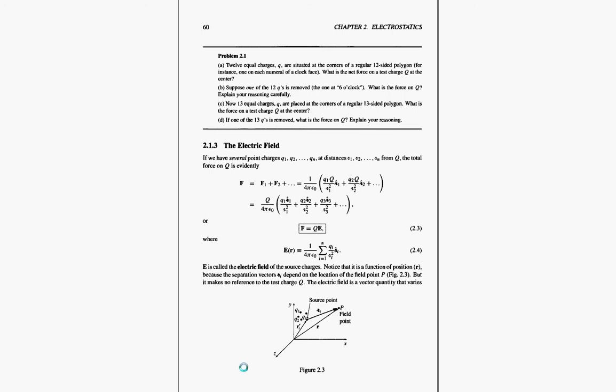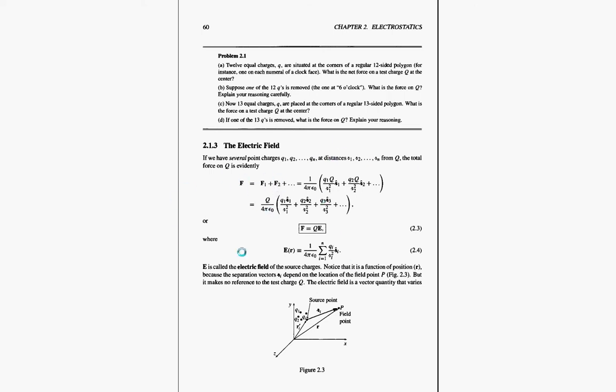We have just considered one test charge. What would happen if there are many source charges? By experience, we found that the electric field obeys the principle of superposition. So we can just add them up one by one.